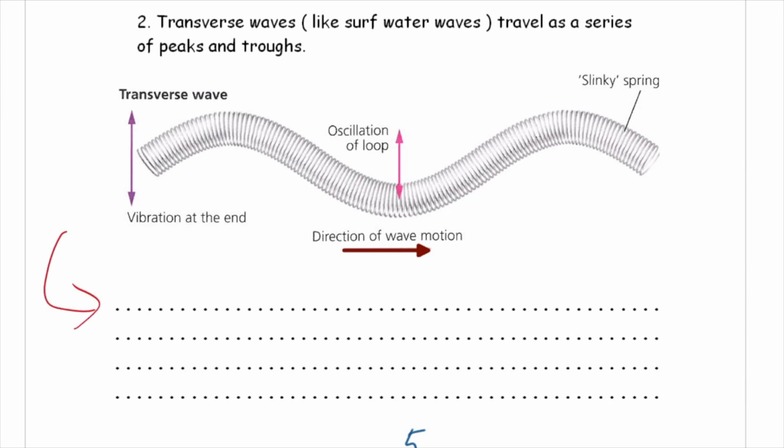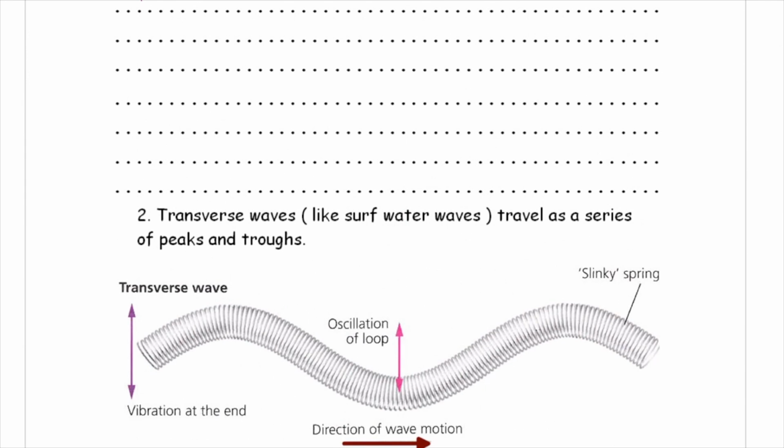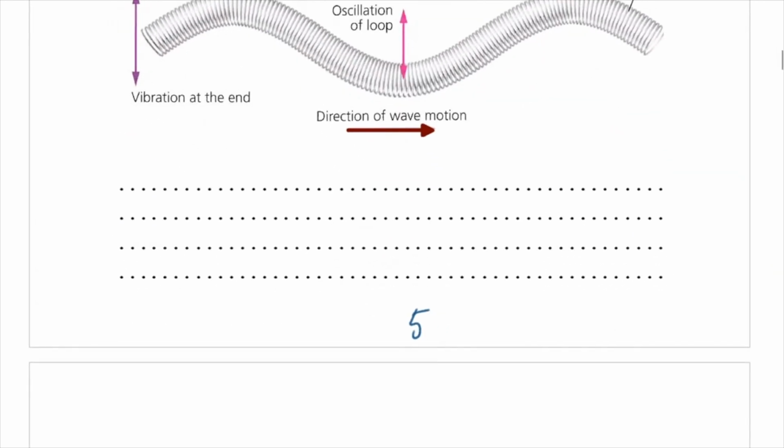What I'd like you to do then is just add underneath an example of both a transverse wave and a longitudinal wave. So at the bottom, example for a longitudinal wave, sound waves, and for transverse waves, light waves, water waves.